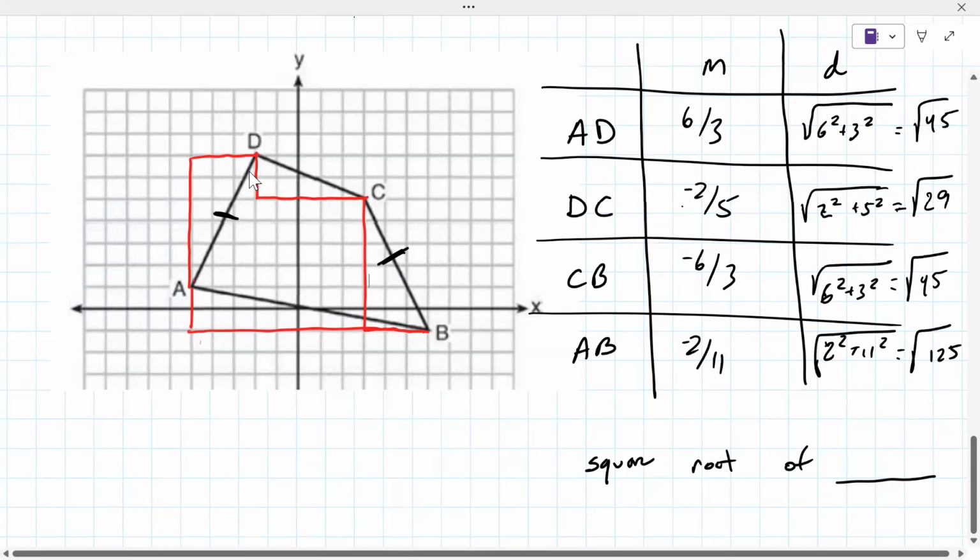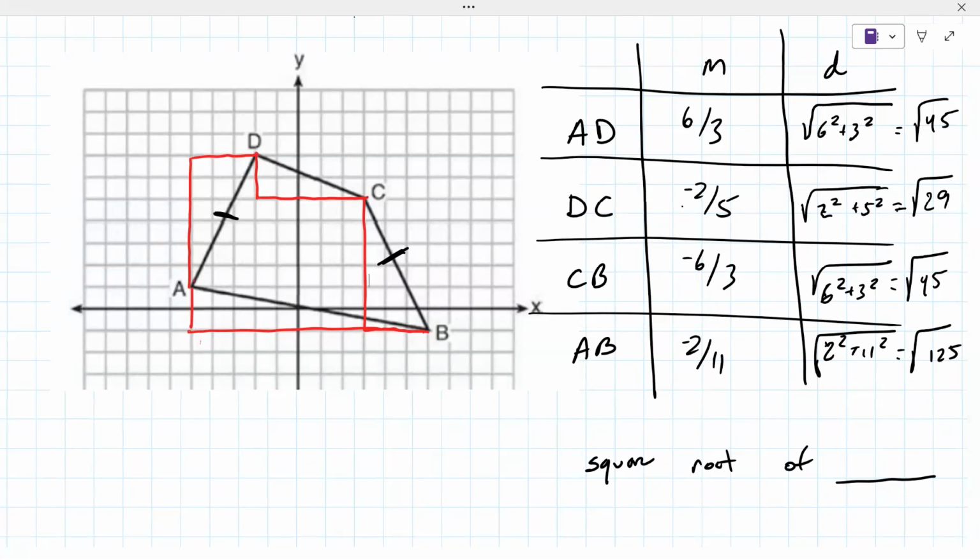Like for a kite, AD would be congruent to DC and so on. Any thoughts on that? No, it makes sense. All right, we'll do another one here. This one actually will be something.